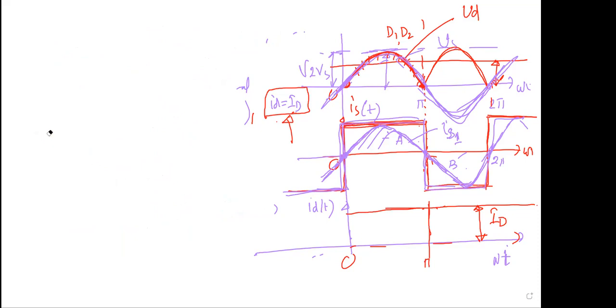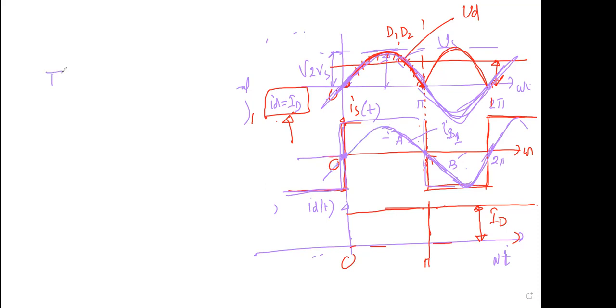To say square, your half cycle width must be equal to your height, right? Now, how much you have distorted your input, that we want to find.